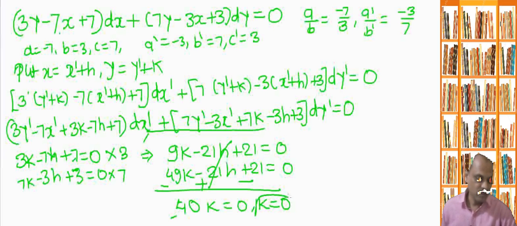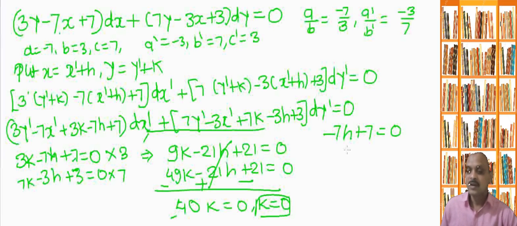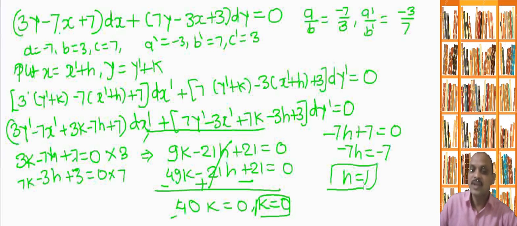Whenever we have k = 0, let us put this k = 0 in any one of the equations. Then −7h + 7 = 0, −7h = −7 and h = 1. So we get the values, here I am writing the values of h and k.